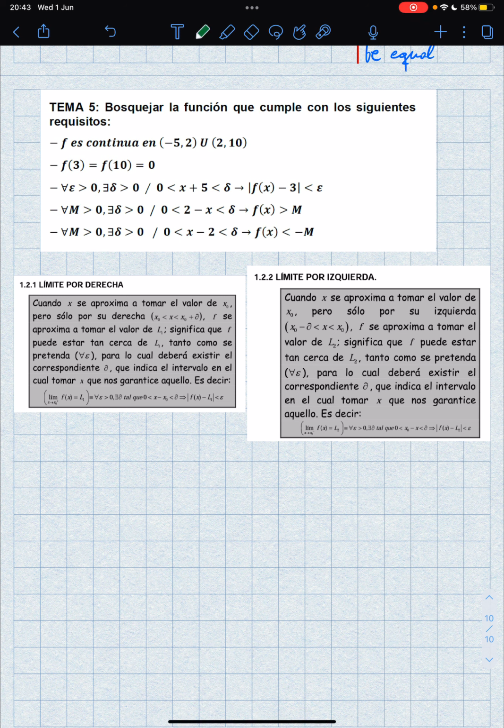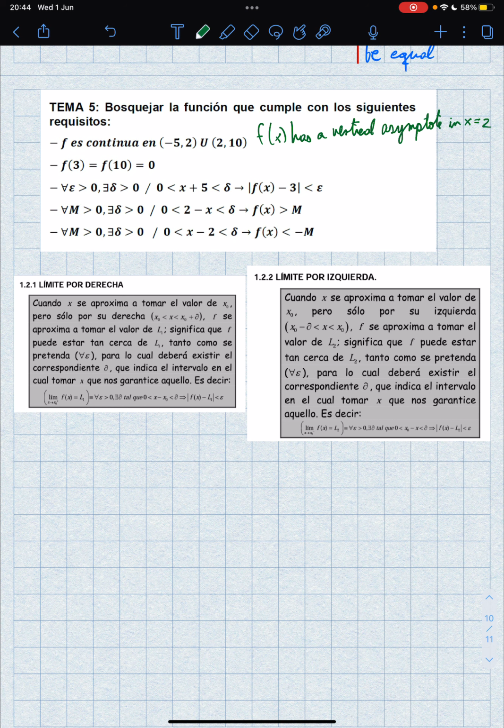It means that f of x has a vertical asymptote at x equals 2, right? Why? Because the function does not exist for x equals 2, okay? So that's important to understand.